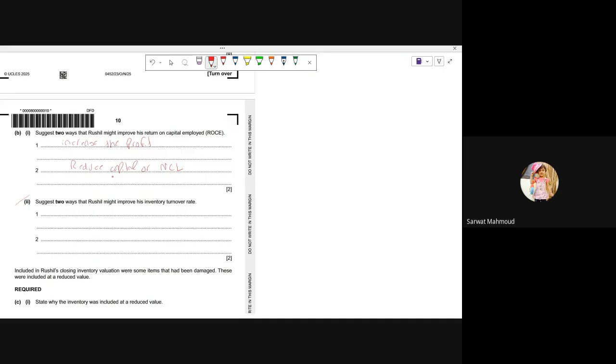Okay. Suggest two ways that Rushi might improve his inventory turnover rate. So inventory turnover rate we could increase by, let's say, reducing the prices so that the sales could increase. And when the sales increase, you will be purchasing inventory more times than before.